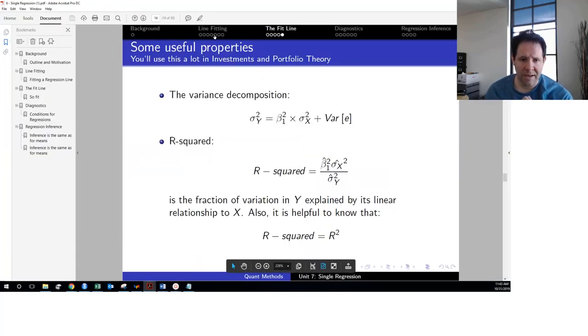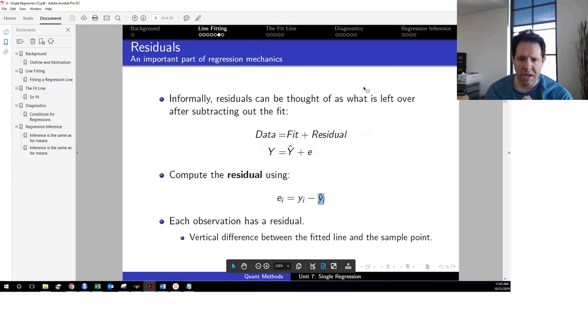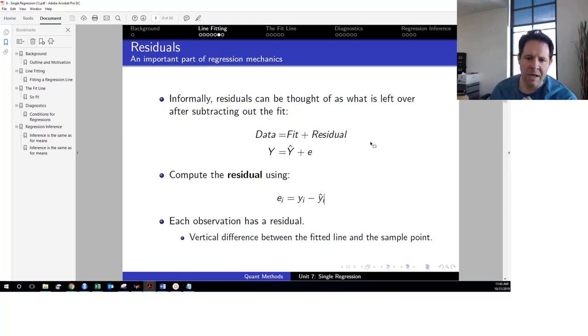Now, I'd like to talk a little bit about this conceptually before we do another example. What we just did in that example is decompose each observation into a part that was the fit, this line that has a common component, and the part that was lack of fit, the residual.